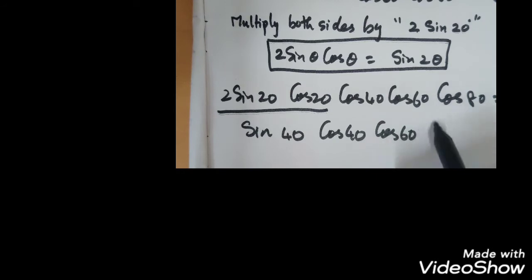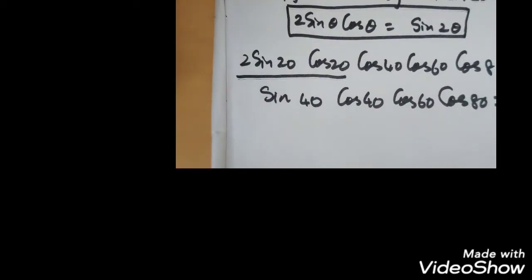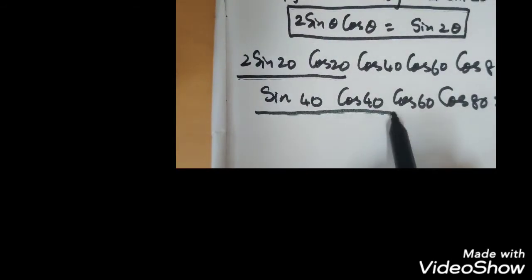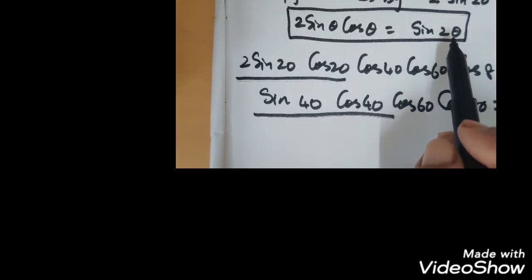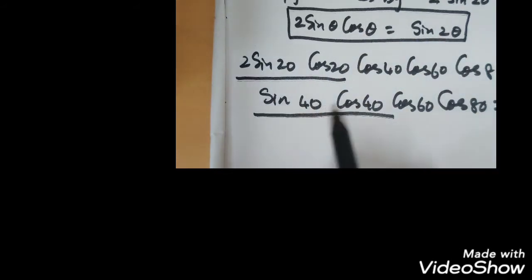Cos 60, cos 80 is equal to, look at the right hand side, it's nothing but 2 sine 20 into c. Okay. So now look at the left. Again sine 40 cos 40, using the same formula of 2 sine theta cos theta is sine 2 theta. Here I don't have 2 sine theta cos theta, I just have sine theta cos theta.